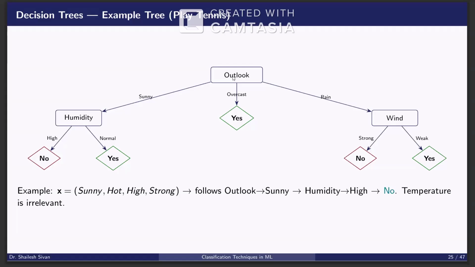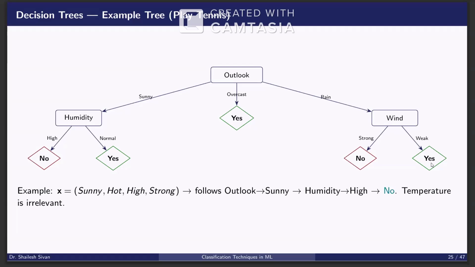But if outlook is sunny, I need to look for the next important feature, which is humidity. If humidity is high, we don't play. If humidity is normal, we will play. If the outlook is rain, we look at wind. If the wind is strong, we won't play; otherwise, if the wind is weak, we will play.